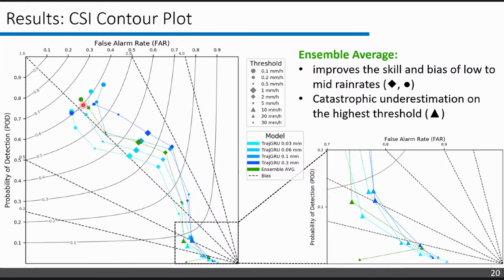The average is better than the others, so it's nearer to the top left corner, which is where you have better prediction skills. But when you go to higher rain rates, if you take the average of four numbers, you're flattening the peaks. So the average is not actually a solution for improving on the extremes.